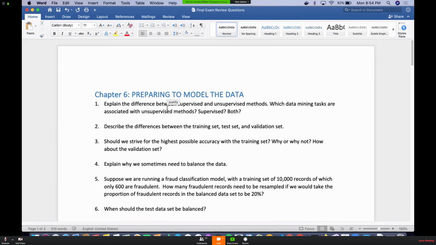This is about accuracy. Well, instead of just going on, you guys want to answer number three? Any ideas? Should we strive for the highest possible accuracy of the training set? Yes or no? And why or why not?